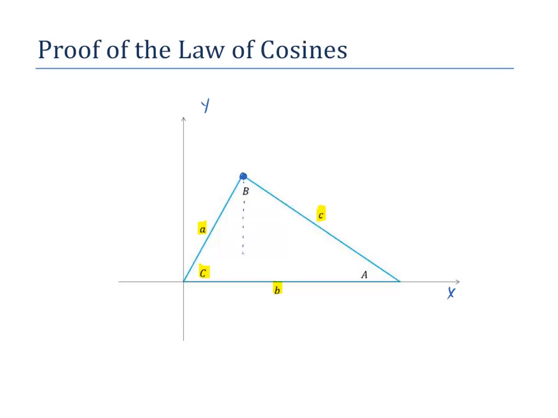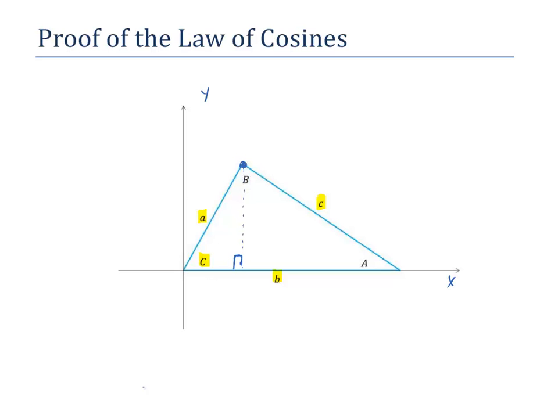We'll recognize that if I create this triangle by dropping a side straight down, I have a right triangle here whose angle inside is capital C. I know just from the definition of trigonometric functions that the coordinates of this point here would be A cosine of capital C, comma, A sine of capital C. Now, why is that the case?